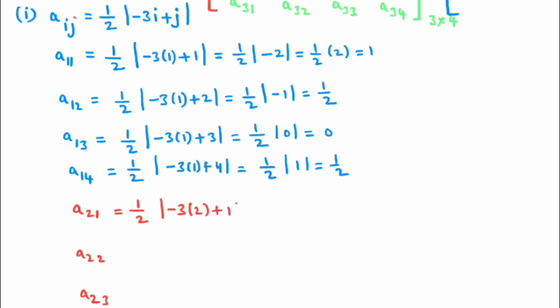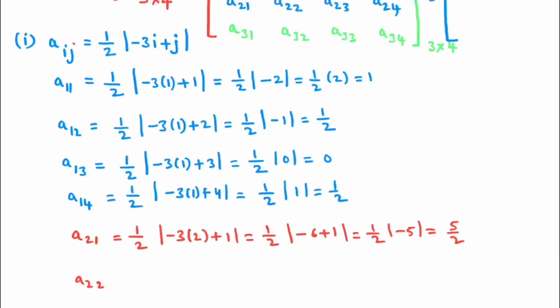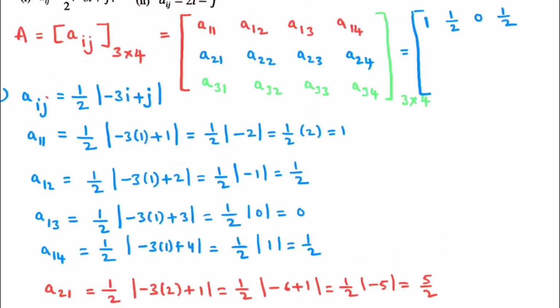That equals 1 by 2 into minus 6 plus 1, that equals 1 by 2 into modulus of minus 5. Modulus of minus 5 is 5 only. So this is 5 by 2. So A21 is 5 by 2. So here you got this value, 5 by 2.